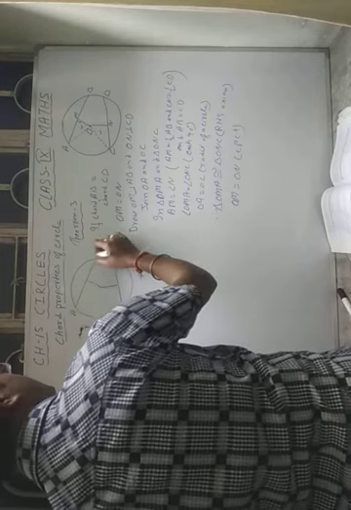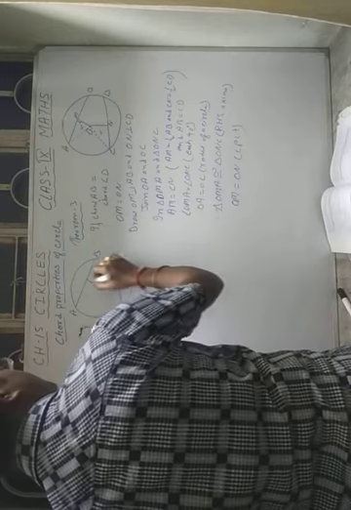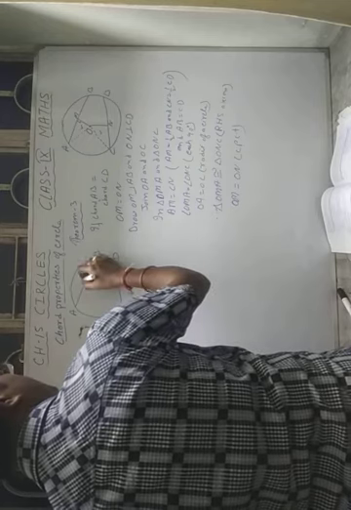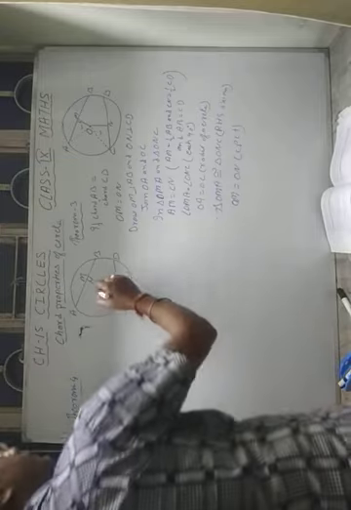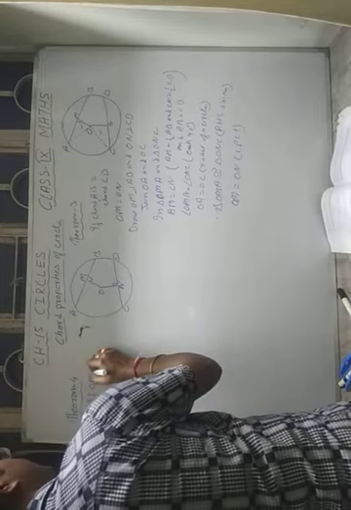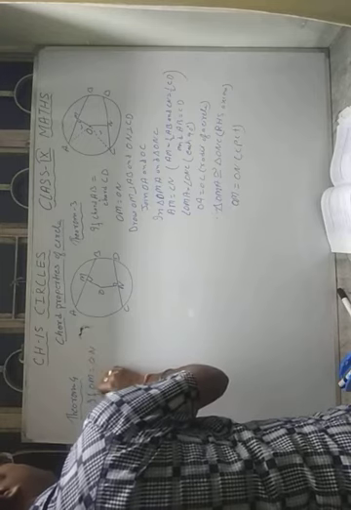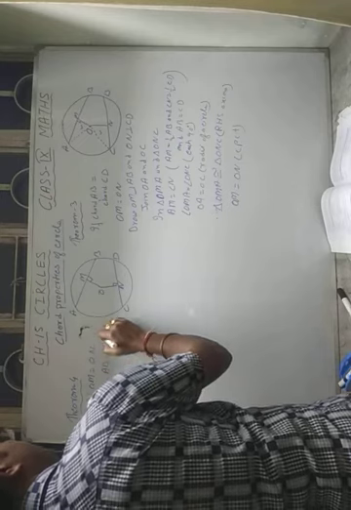So again A, B, C, D. Again here you have to draw the perpendiculars, M here and N here, and O is the center. If it is said OM is equal to ON, then you have to prove that AB is equal to CD.